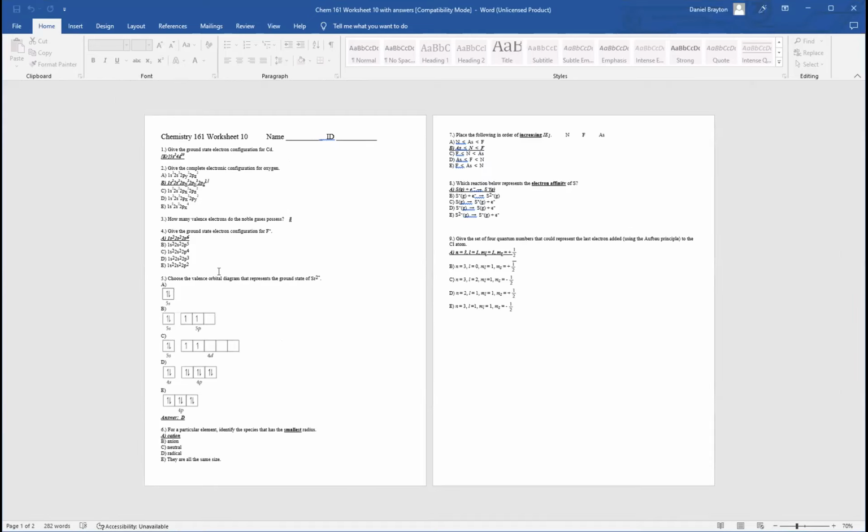So only the first 5 problems, 6 there are good for worksheet 10. The 7, 8, and 9 were the end part of the chapter. We didn't get to these trends of the size of the elements.